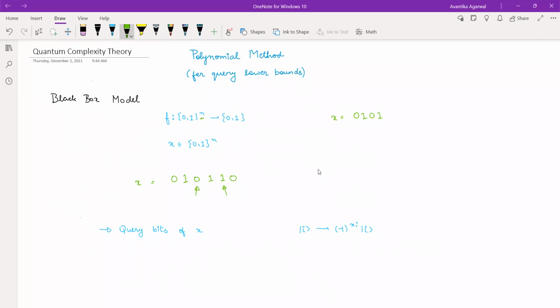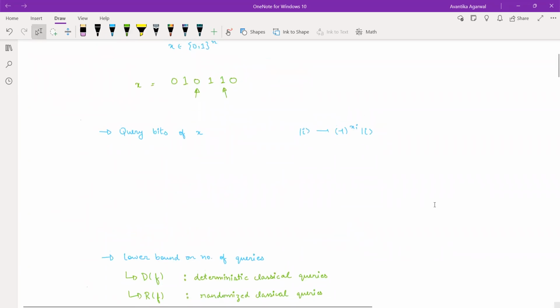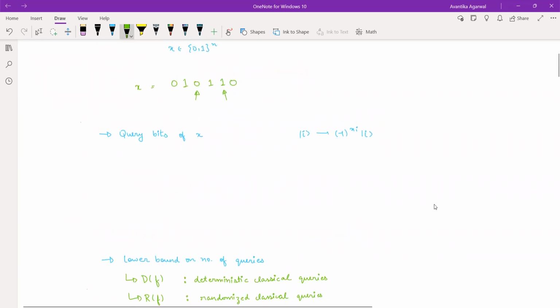In the quantum setting, however, the queries work a little bit differently. Like we saw in the previous talk, we can create superposition of states in a quantum computer. So in the quantum setting, we can actually make superposition queries to our black box.